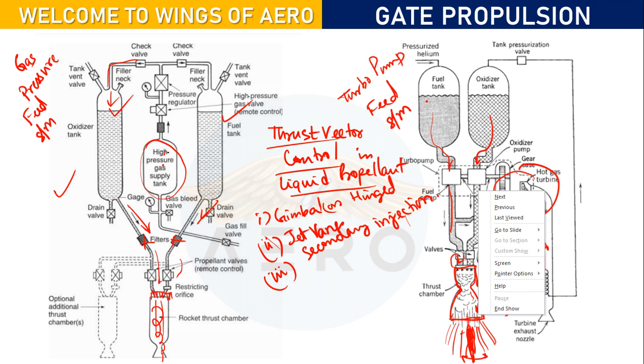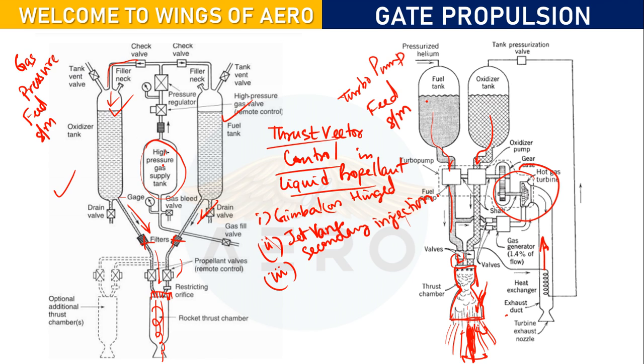Where the amount of fluid is more, the thrust will be more on that side, and where we don't have it, the thrust will be less. So likewise, there is another method of balancing or controlling the movements of the rocket.